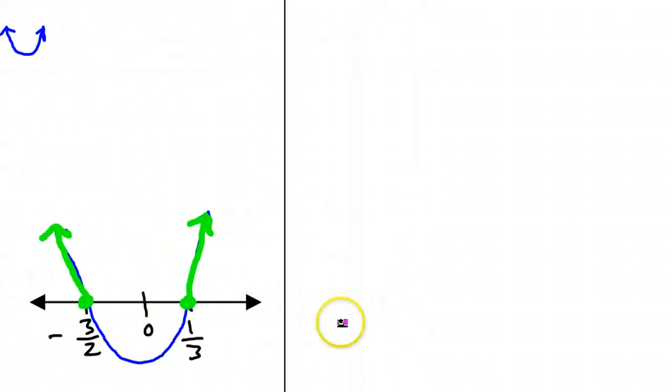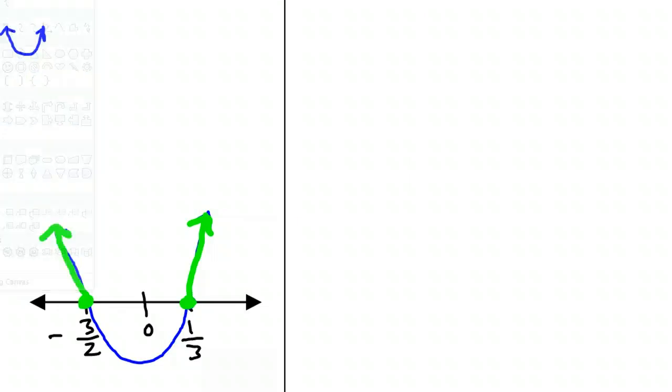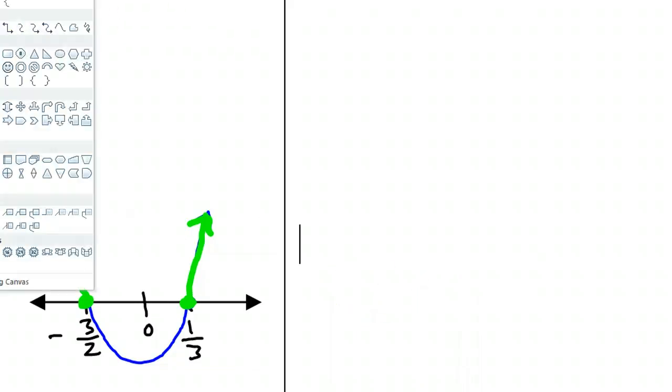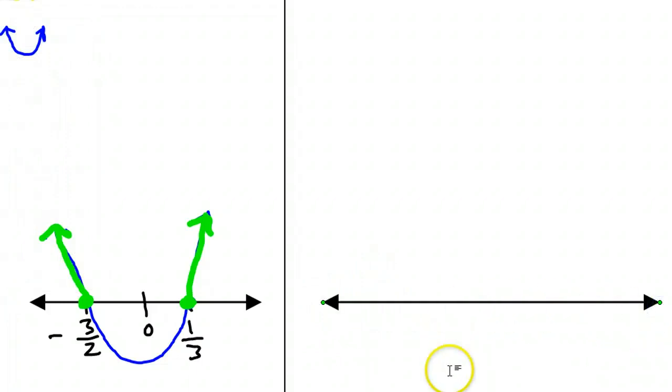But we only want the x value, so I'm going to copy this over on the answer side. Just only doing the x values. Okay, so I'm going to make a very similar graph over here.